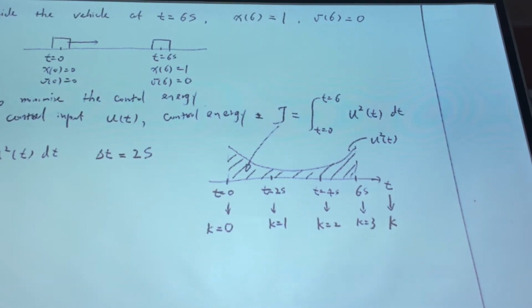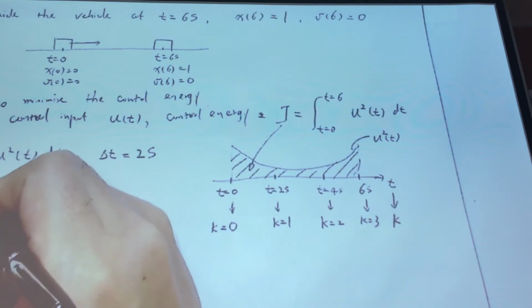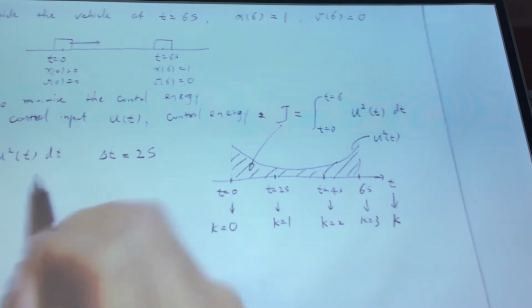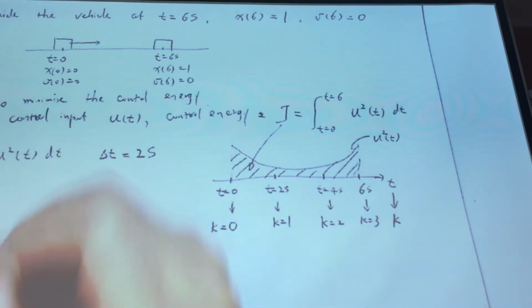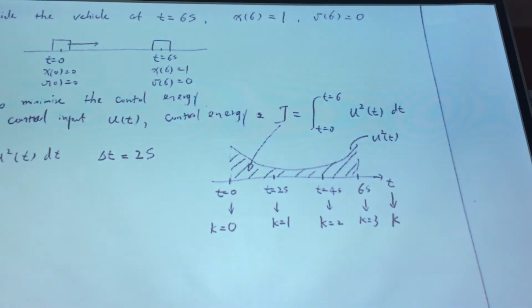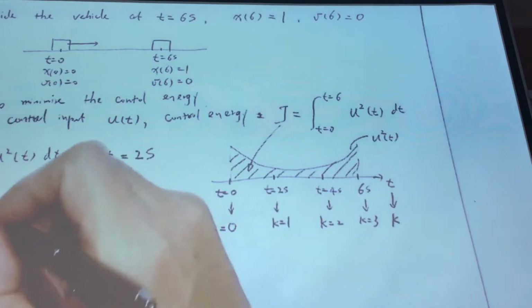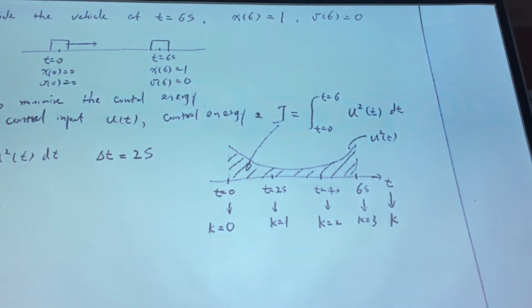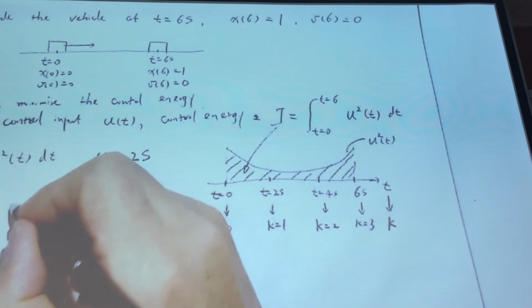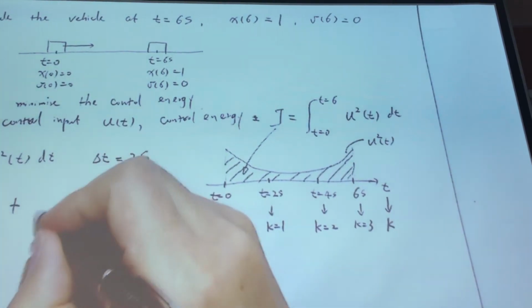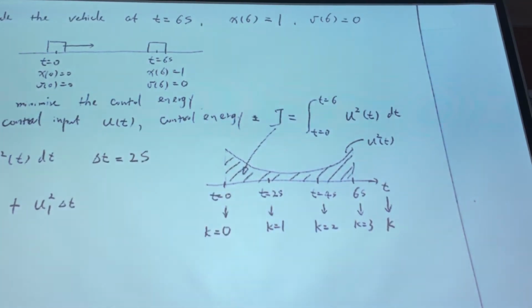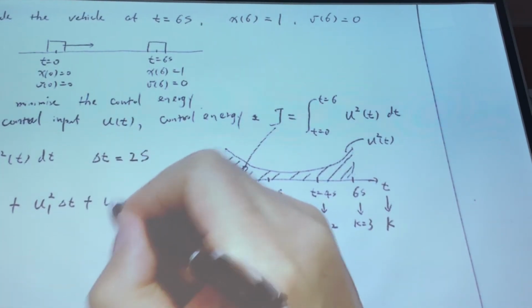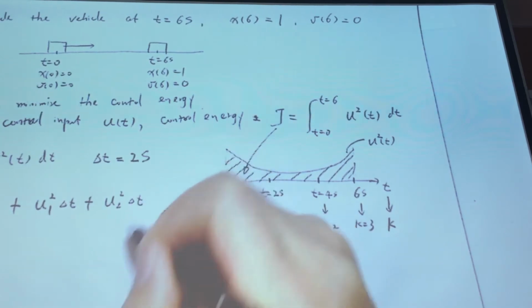The first one is u at k equal to 0, u0 square multiplied by delta t, plus u1 square delta t, plus u2 square delta t.